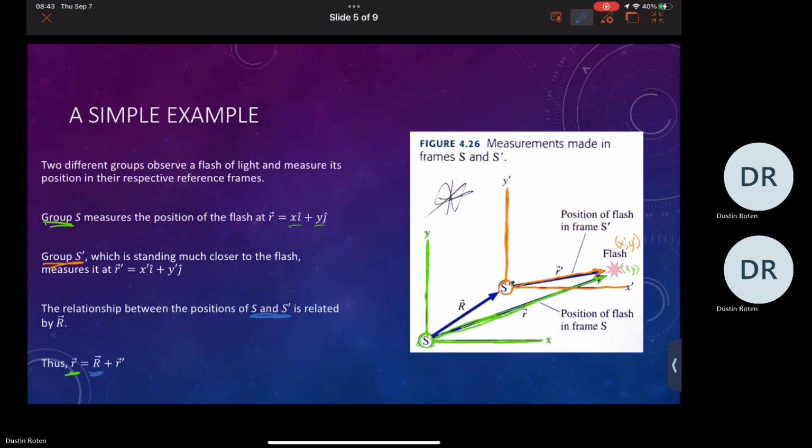So where that other reference frame is, the relationship between group 1 to group 2, that's represented by R, plus how group 2 measured the flash.